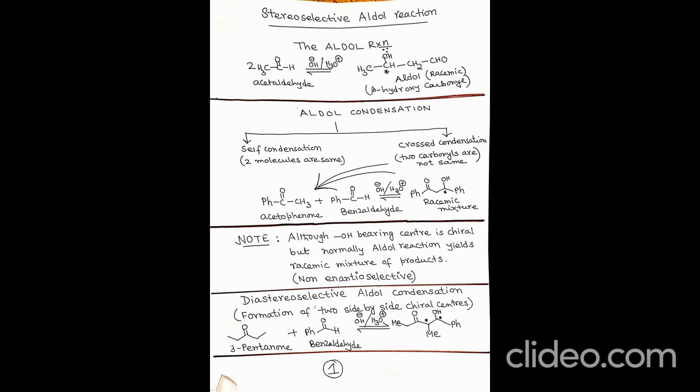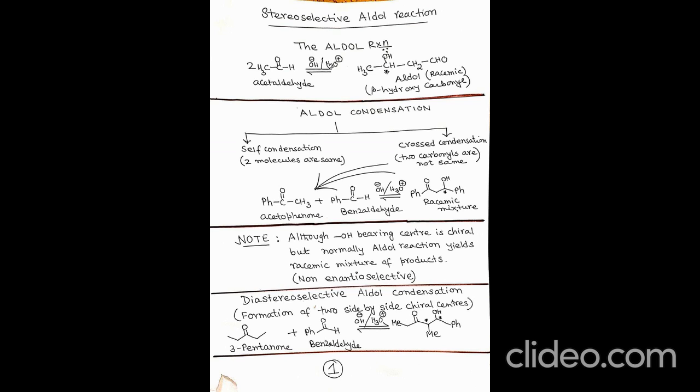One example we can discuss under the heading of the crossed aldol condensation is acetophenone, having the alpha hydrogen, which reacts with the base to give the enolate, and this enolate acts as a carbon nucleophile which reacts with benzaldehyde, which does not have any alpha hydrogen, to give rise to the beta hydroxycarbonyl compound. Again, this beta hydroxycarbonyl compound has one chiral center. There are chances of getting two enantiomers, and during this condensation we land up with the racemic mixture.